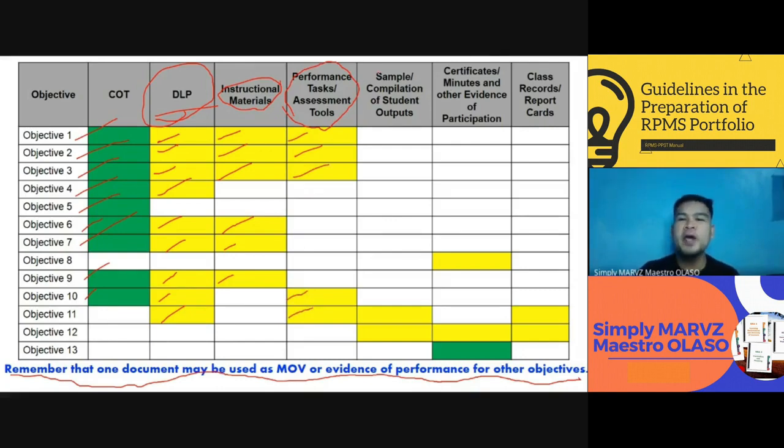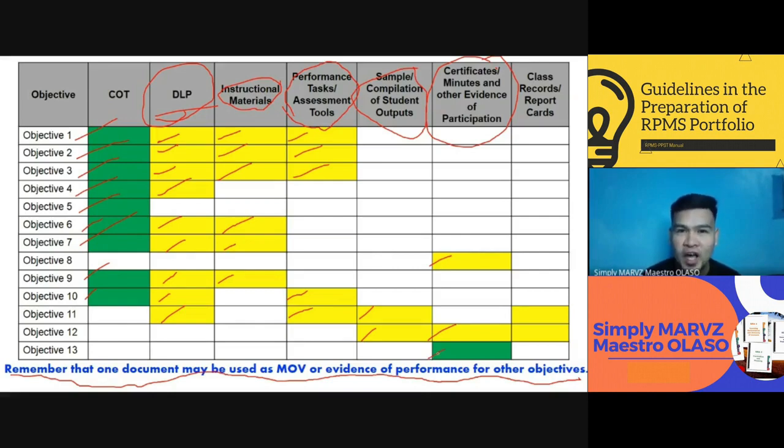Okay po. Kung ikaw may nag-attach ng sample ng compilation ng student outputs, i-refer na yun ay gagamitin mo sa objective 11 and 12. Okay po. Kung ikaw naman ay nag-attach ng mga certificates, ng mga minutes, ng mga evidence of participation, yun ay pwedeng gamitin na sa objective 8, objective 12, at main MOV yung mga certificates pagdating sa objective 13.